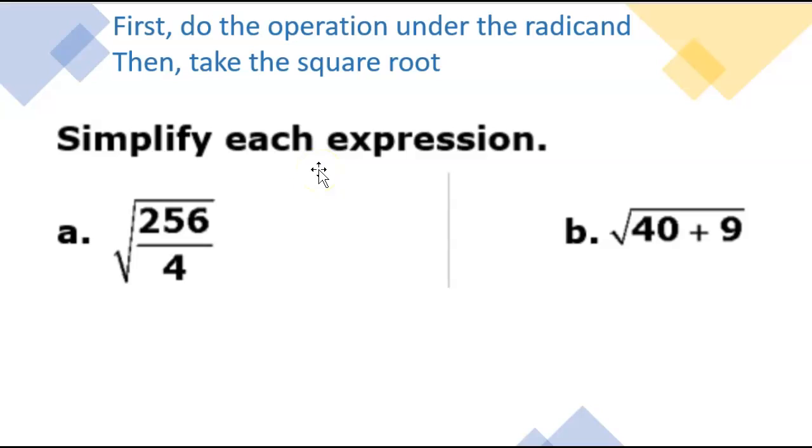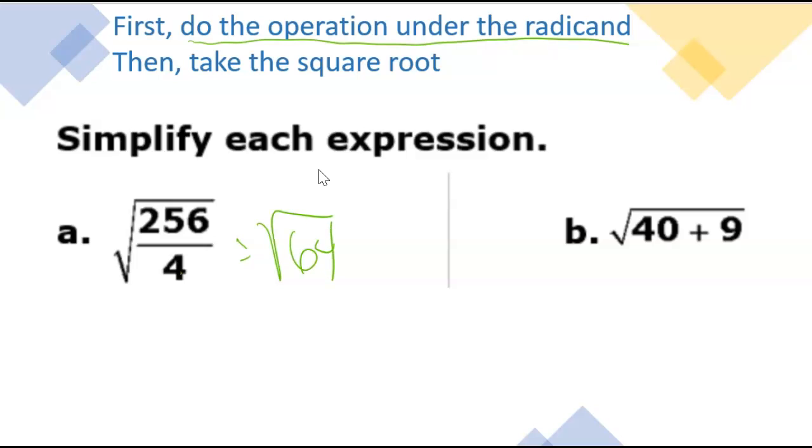Now, if we want to simplify an operation under a radicand, you want to do the operation under the radicand first, and then take the square root. So what's 256 divided by 4? 64. So this is just the square root of 64.